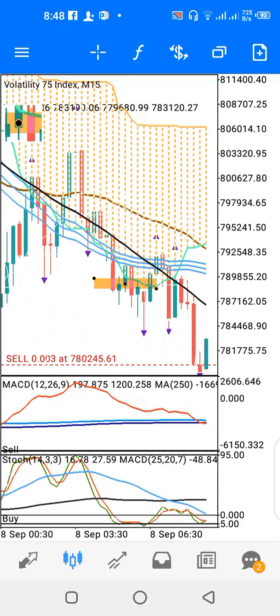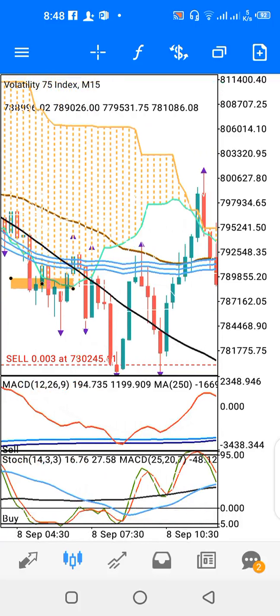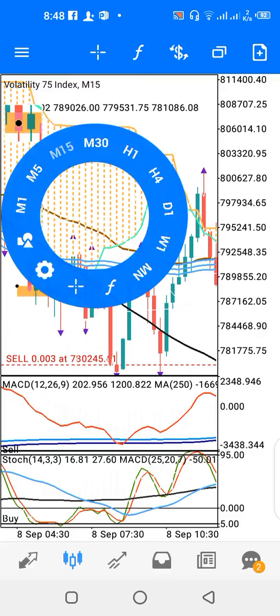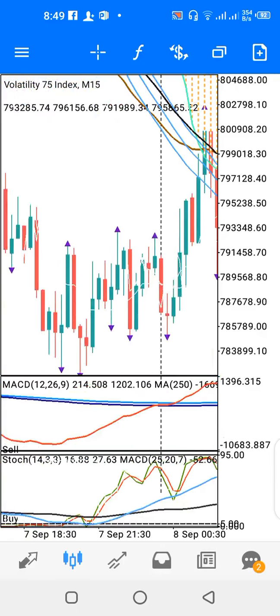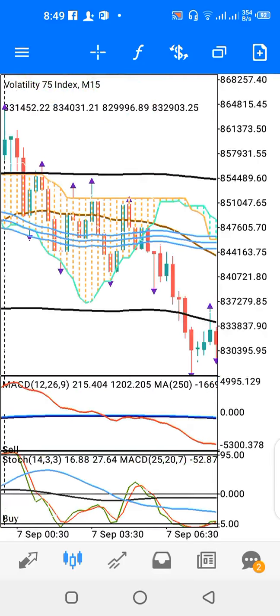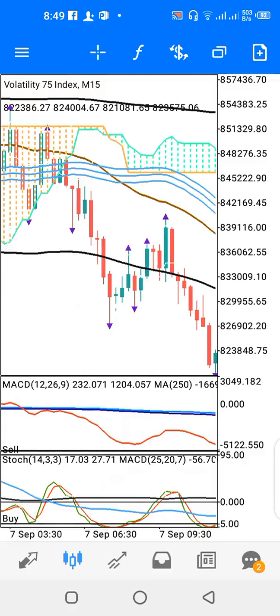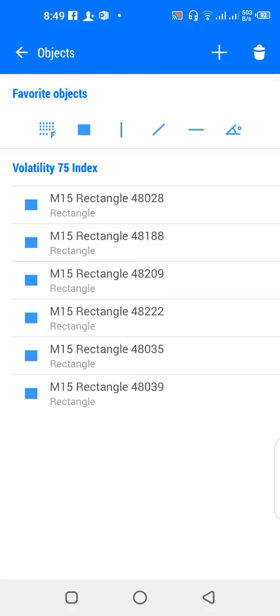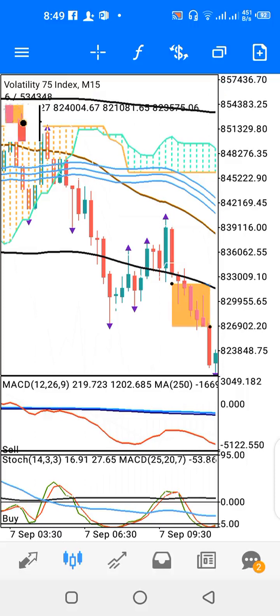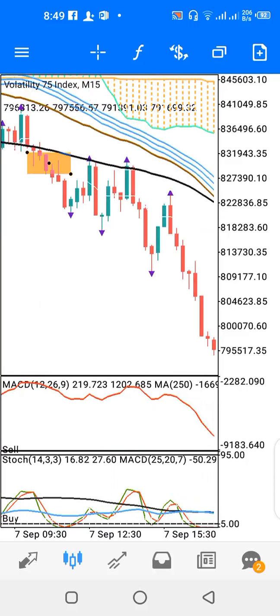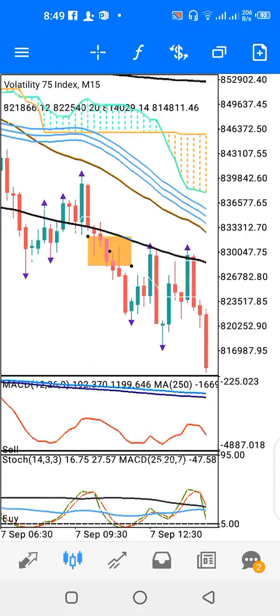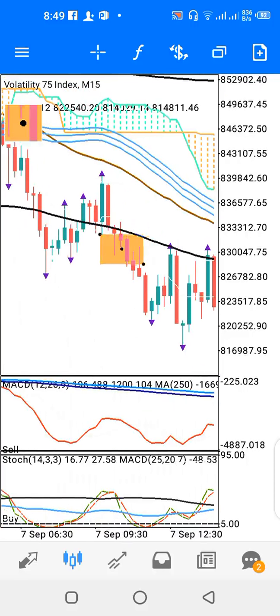Just sell for some quick profit; you could sell up to this point. Let's look further to where you can place a sell trade. You can place your sell trade somewhere around here, where you have price closing below all indicators. That's a good point where you can sell. This is also a good point where you can sell.